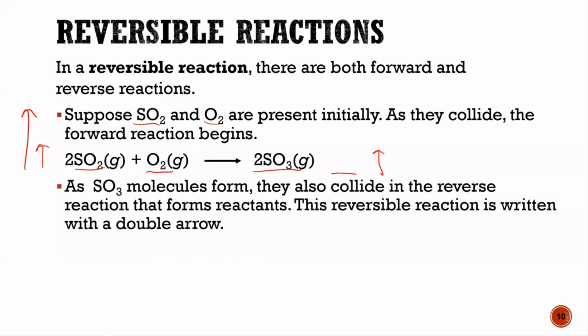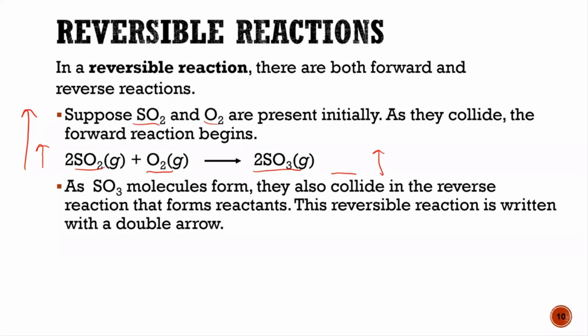But as the SO3 forms, as the sulfur trioxide, what appears to be the product, begins to form, now they actually begin to collide with themselves. And when they start to collide with themselves, they can go in the reverse direction because this is a closed system.